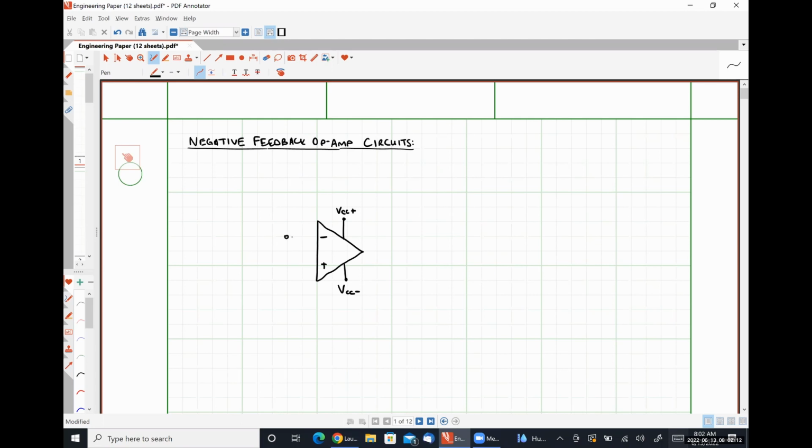Here I'm going to have my inverting input voltage V minus. Here I will have my non-inverting input voltage V plus. And then out here will be my output node. So this is our generic op-amp.